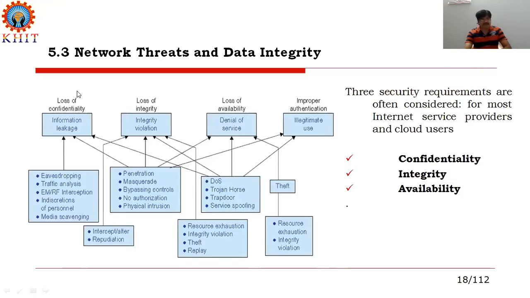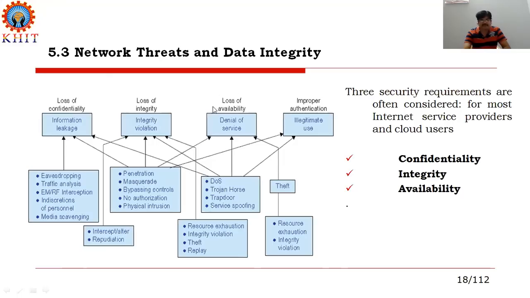If the network loses confidentiality, whatever information is posted, there is a possibility of leaking the information. If the data is not tightly integrated with the network, integrity violations will occur. That means data leakages will occur. Once the data leaks, our accounts will be seized and the data will be stolen by a third party.